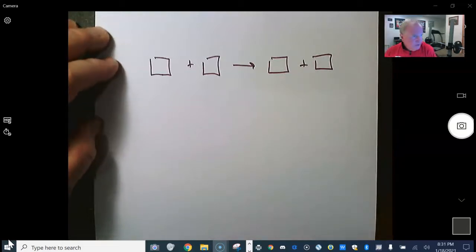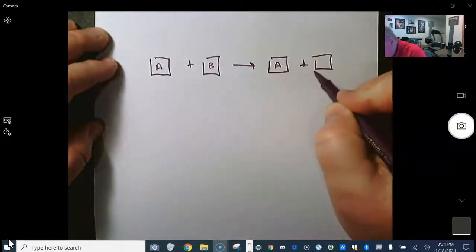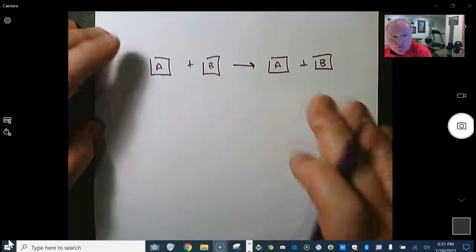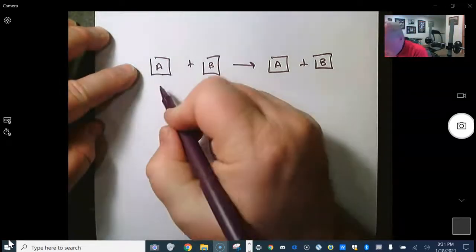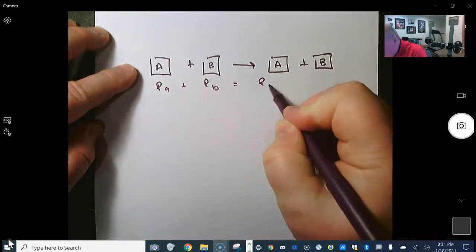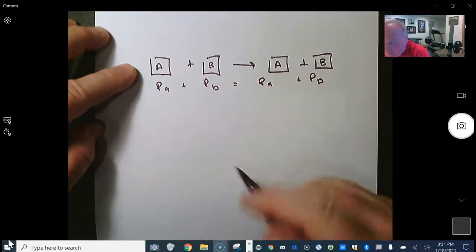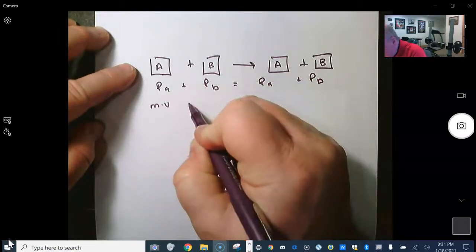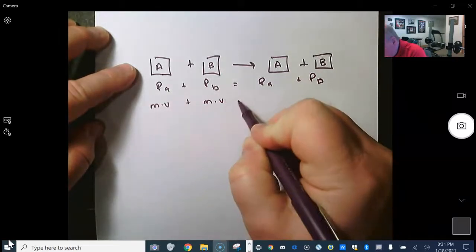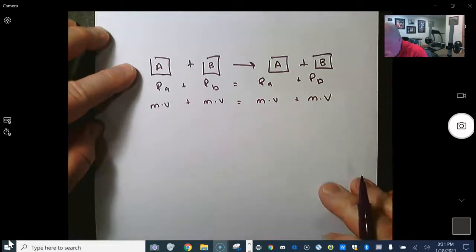And then we're going to have ball A and ball B. And what we'll do is, remember, we'll start out with momentum of A plus momentum of B equals momentum of A plus momentum of B. And then we'll substitute in. So we're going to have M times V plus M times V equals M times V plus M times V.